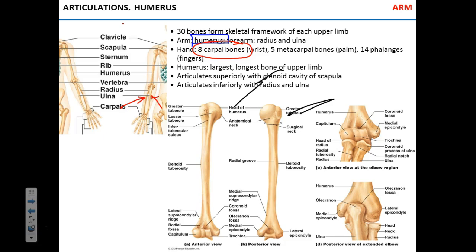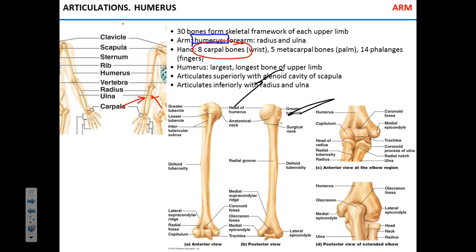I will give you a mnemonic at least for carpal. Then you have five metacarpal bones. It's your palm. And you have 14 phalanges, two for the thumb and three for each of the fingers. Does that make sense?